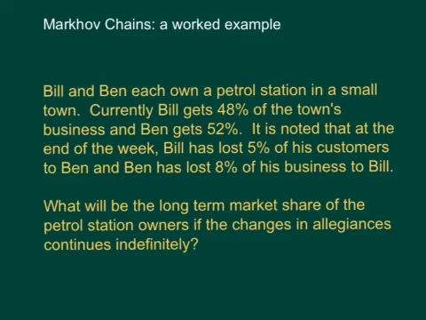So at the end of the process, what you should find is what's called a steady state matrix. In other words, the probabilities settle down to a value that doesn't change. Now we're not going to get to that in this example because it will take about 13 iterations, but we'll see what happens to Bill and Ben's petrol situation after about 4 weeks.